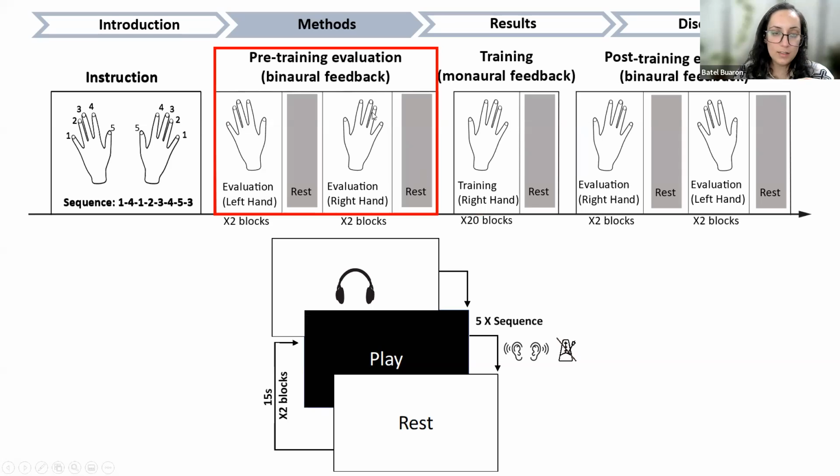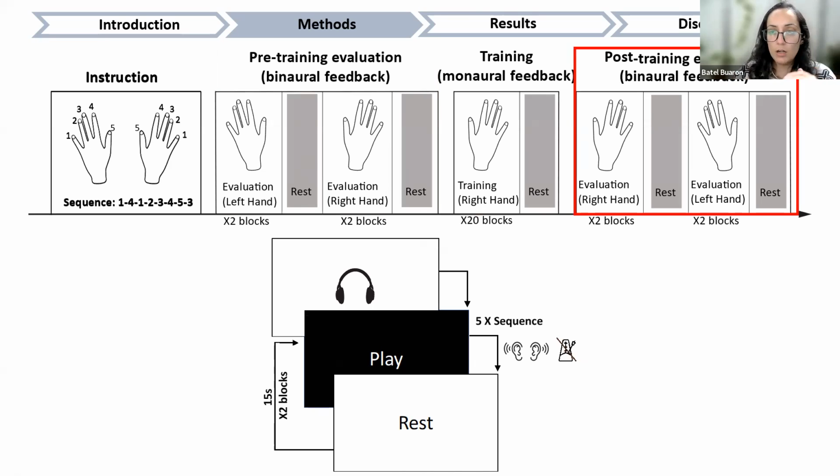And we tested this in the trained hand, so for the right hand condition in the right hand, and also in the untrained hand. And we tested this evaluation before training to assess their performance prior to any manipulation. And we also assessed this after training to see whether any training effect will be kept when we remove the monaural feedback.